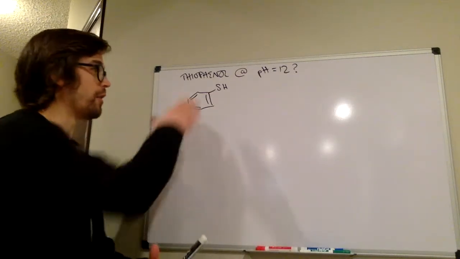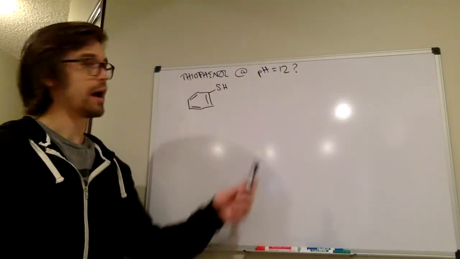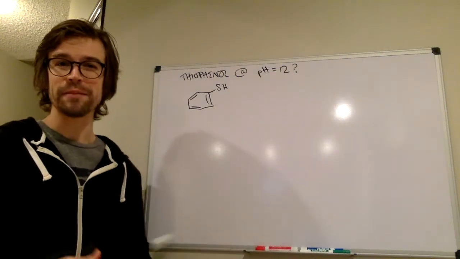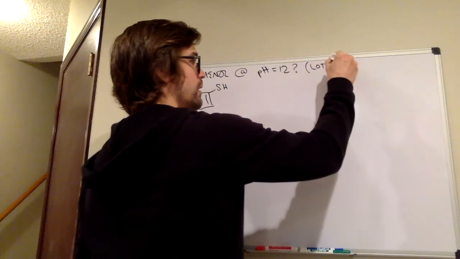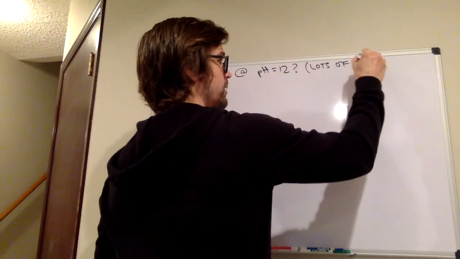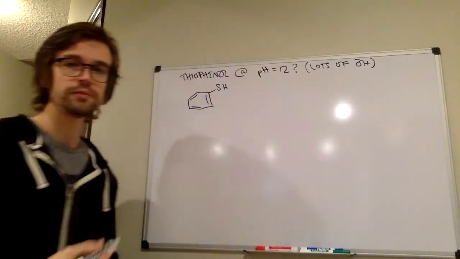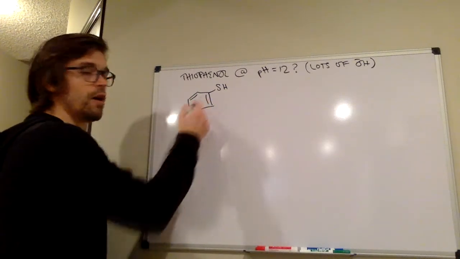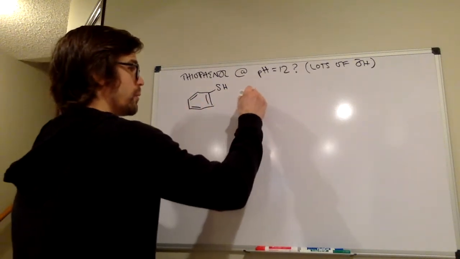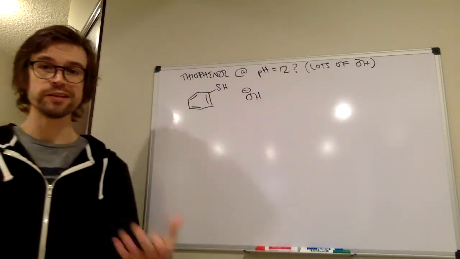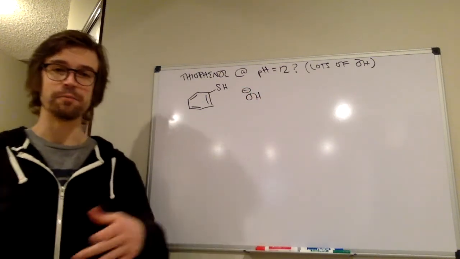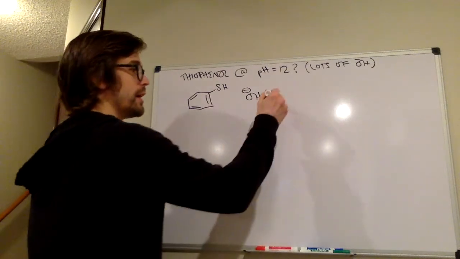So what's going to happen to thiophenol at a pH of 12? pH 12 means that there is lots of OH minus around. So we have this thiophenol and a lot of OH minus. Is OH minus an acid or a base? It's a strong base.